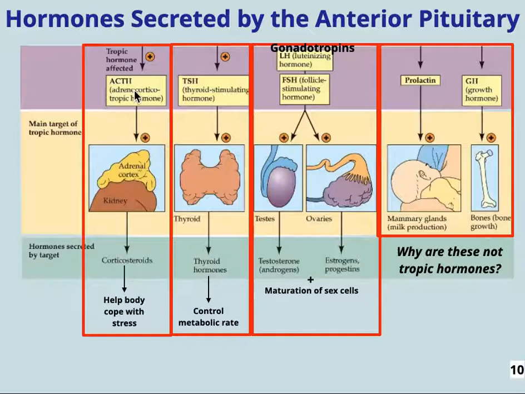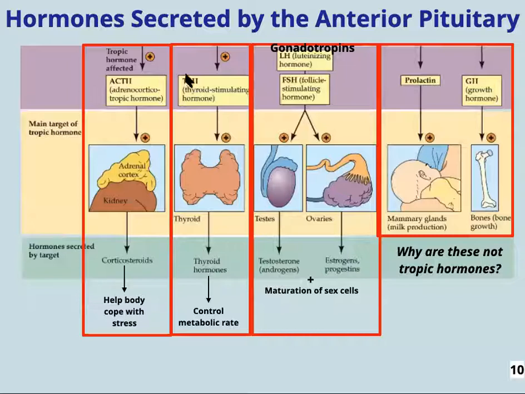This hormone is secreted by the anterior pituitary, which then travels through blood, goes to our adrenal cortex, binds to the adrenal cortex, and causes the adrenal cortex to release corticosteroids. Corticosteroids are hormones that help our body cope with stress. So you can see here that ACTH, because it causes this endocrine gland called adrenal cortex to release a hormone, is considered a tropic hormone.